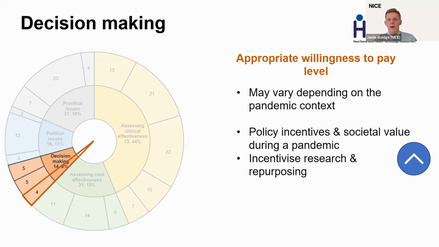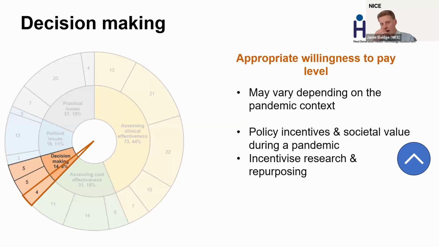So there might be government or policy incentives to quickly get any treatment that looks remotely effective out and in use. Or society might say, we really highly value anything that appears to help with this condition. So just pay for it and raise your threshold and be accepting of lower health outcomes or higher prices.